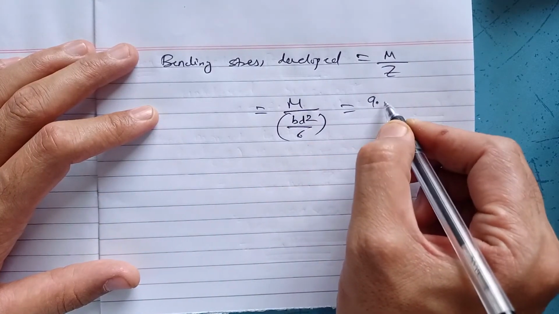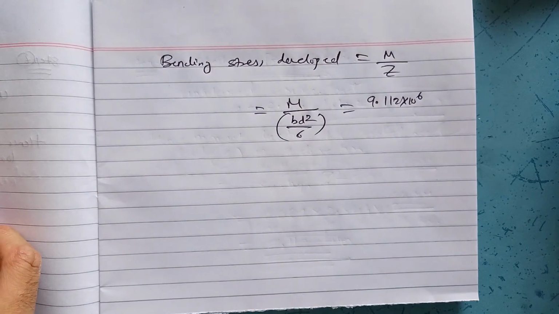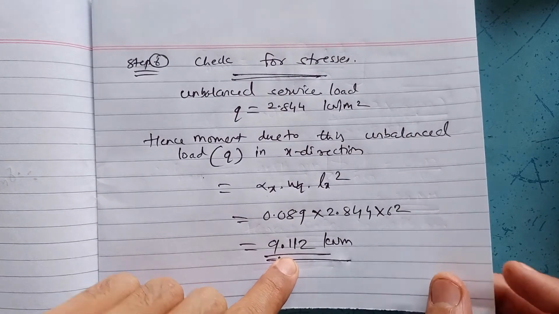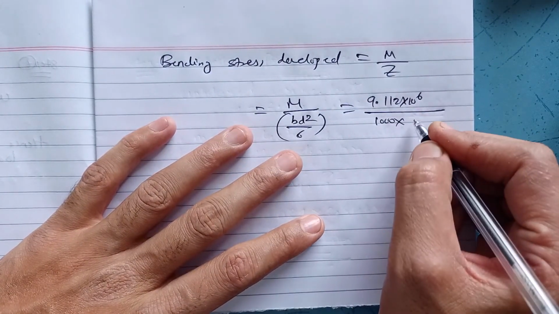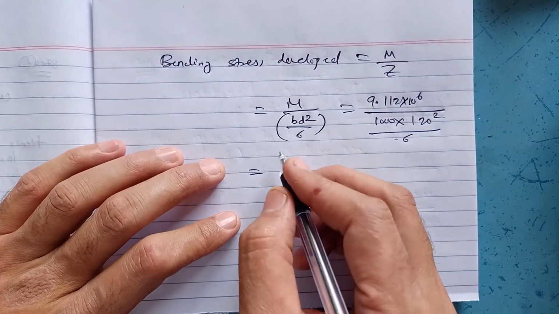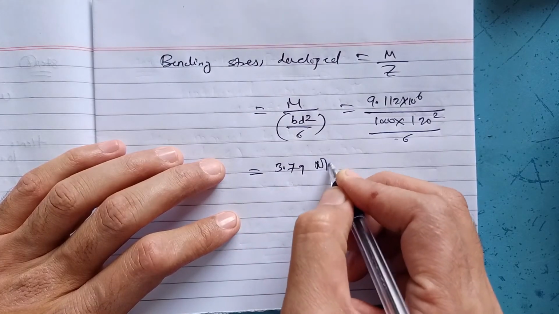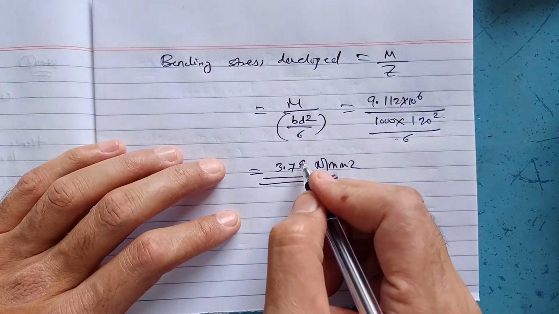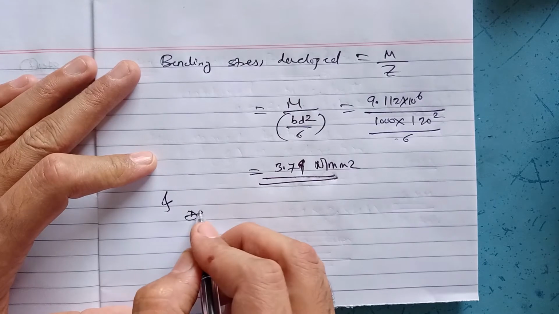M we have calculated as 9.112 into 10 raised to 6, converting into Newton mm, divided by B, which is per meter width, and depth is overall depth 120. We get bending stress as 3.79 Newton per mm square.